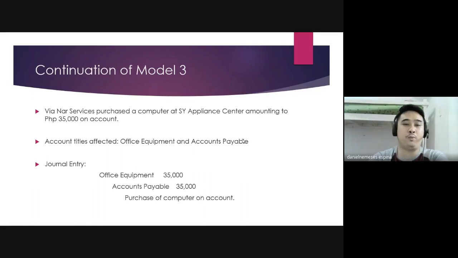So we purchase a computer. The computer is under what account title? So let's assume it is under office equipment. And then our liability account is accounts payable. We usually use accounts payable when we owe our supplier.